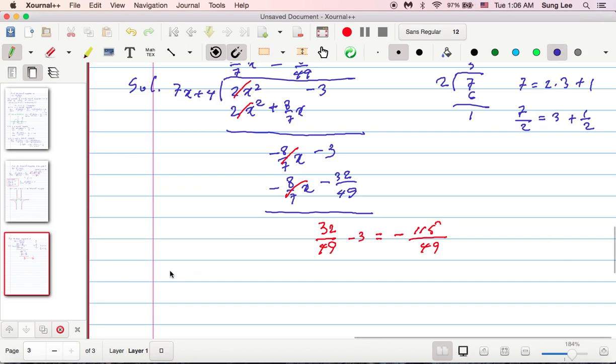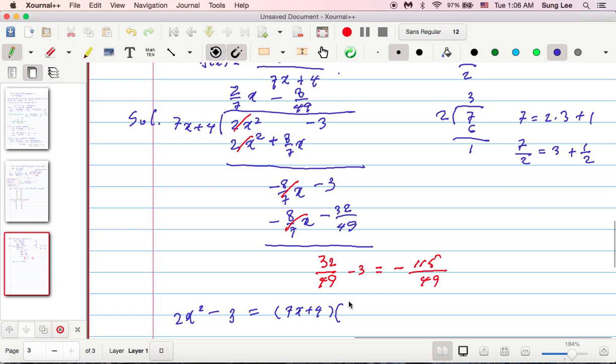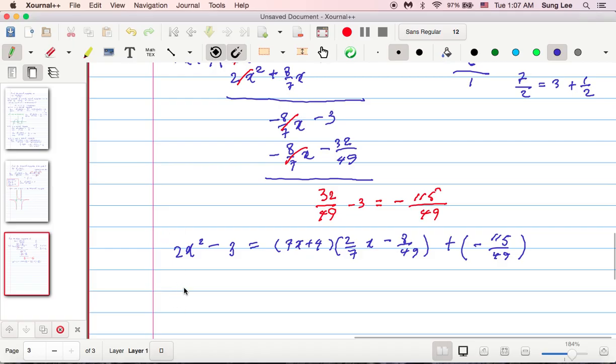So just like a number, in this case, 2x squared minus 3 divided by 7x plus 4 equals the quotient, which was 2 over 7 x minus 8 over 49, plus the remainder, which in this case is negative 115 over 49 divided by 7x plus 4.